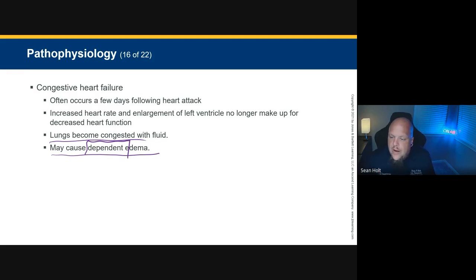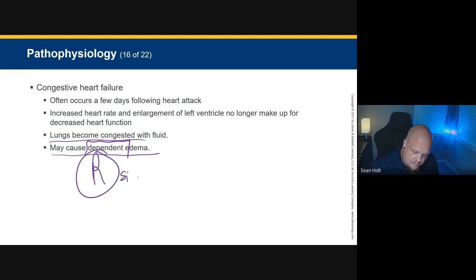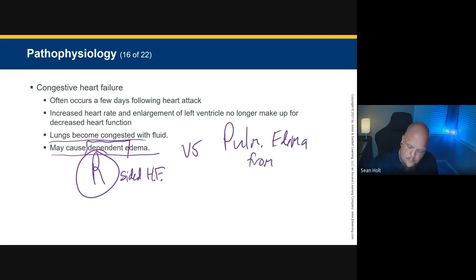Okay, I would rather have dependent edema from right-sided heart failure than pulmonary edema from left-sided heart failure.